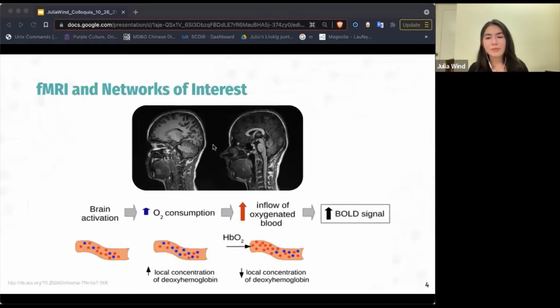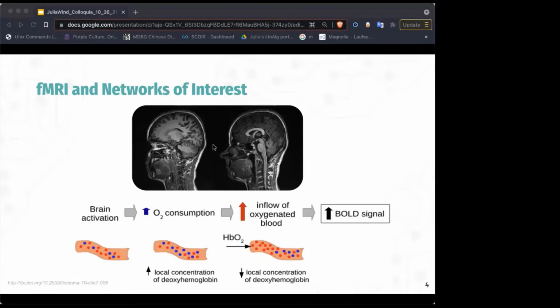Okay, so in fMRI, we're looking at the increase of blood flow compared to the resting state. So we can see where the blood is moving, and we assume that the brain is being more active in those areas. So you're looking for different resonances with fMRI and MRI, and you have to have different settings.